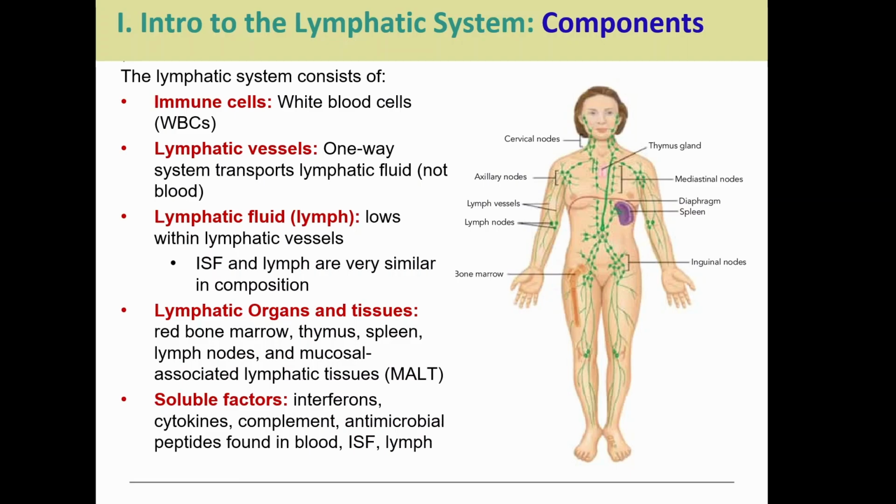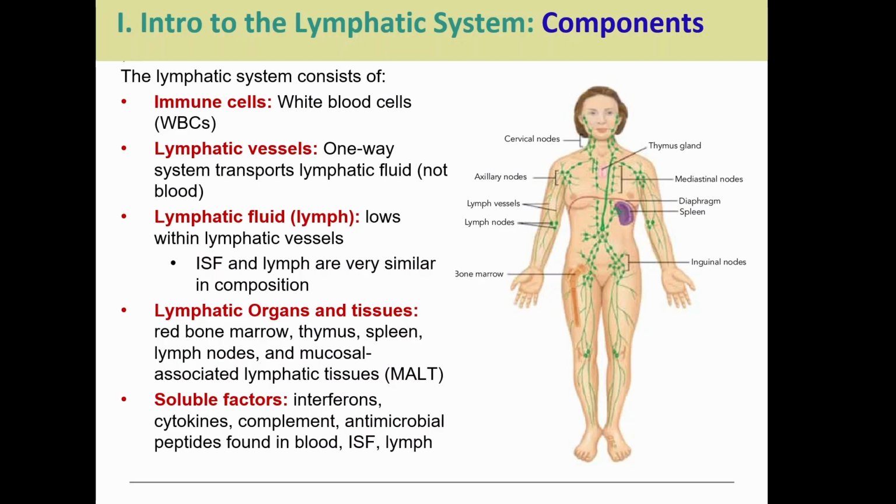That lymphatic fluid or lymph, again, this is what flows within the lymphatic vessels. It's very similar to interstitial fluid, which makes sense since the lymphatic vessels or lymphatic capillaries are generally just pulling up that extra fluid. And then the lymphatic organs and tissues, things like red bone marrow, the thymus, the spleen, lymph nodes, and then what's called MALT or mucosal associated lymphatic tissues.